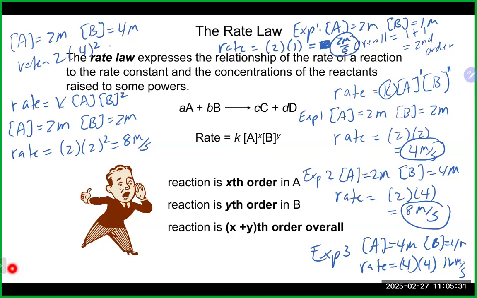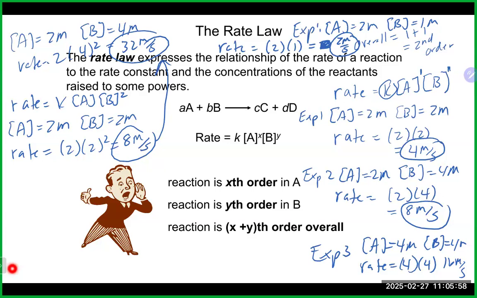That's 16, I hope, times 2. That's 32 molar per second. My rate jumped how far this time? I doubled the concentration in this case, but my rate now went up by a factor of 4, right? So by only doubling the concentration of B in this reaction, it'll actually affect the rate by going up 4 times, versus doubling in the first reaction where the order was first order, right?